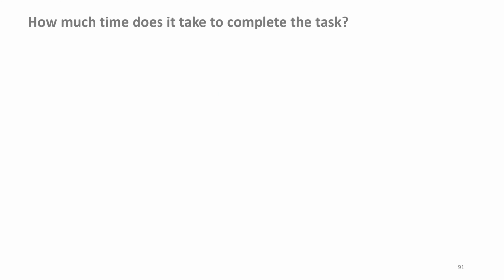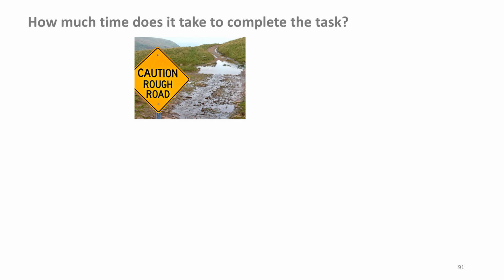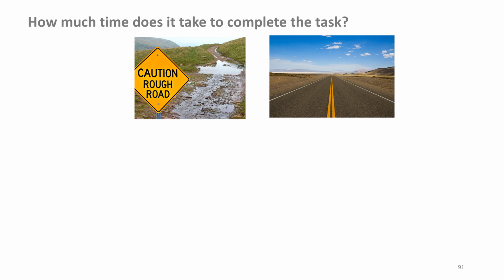How much time does it take to complete the task? This rough road here on the left will have a different number of story points based on complexity and risk than the road here on the right. The time of execution applied with a resource is also different.